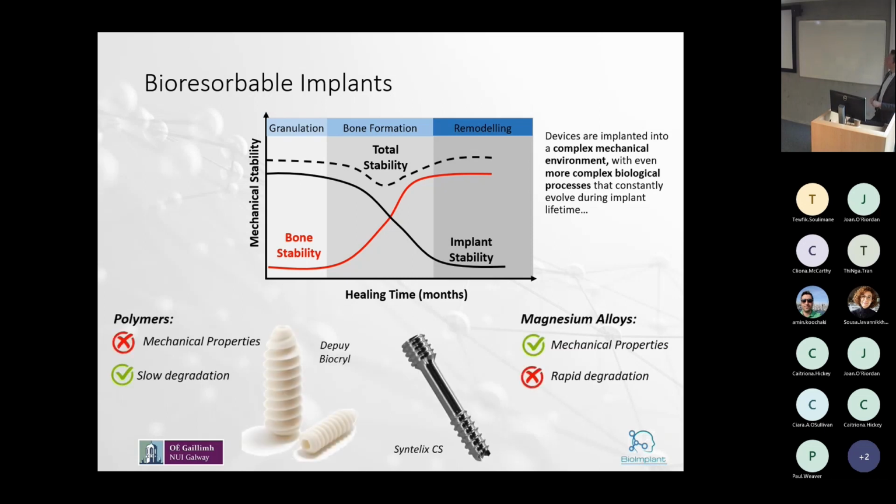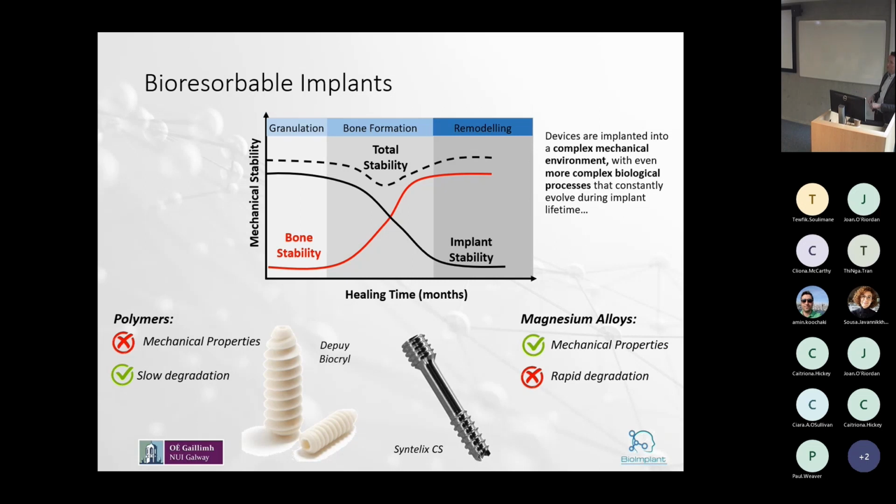So the two main categories of bioresorbable materials are either polymer-based or metal-based. And typically, when I talk about metals, they tend to be magnesium alloys. Both of these materials have advantages and disadvantages. With polymers, what they have is very controllable degradation, so they don't degrade too quickly.